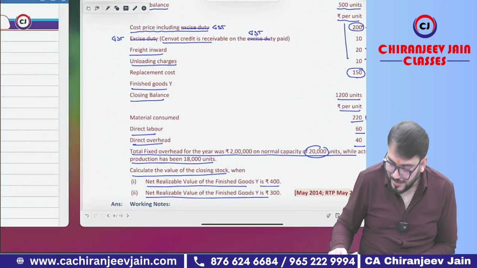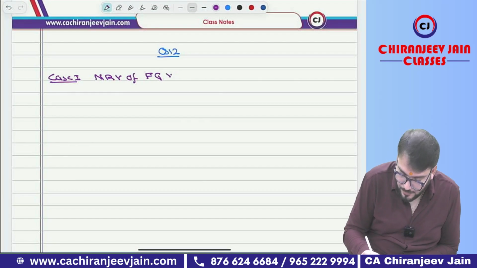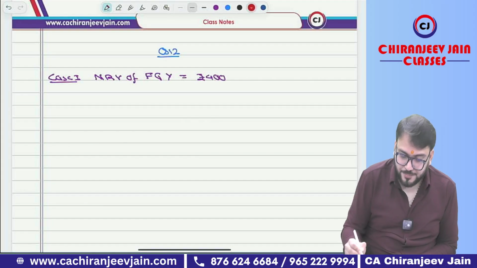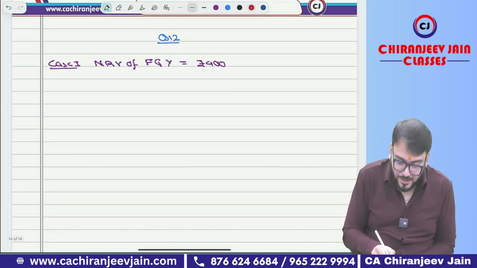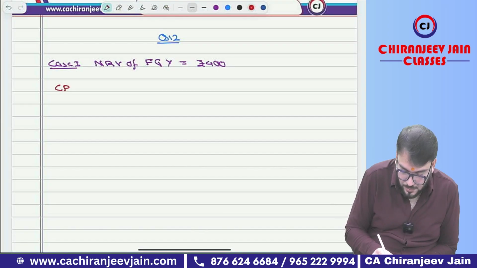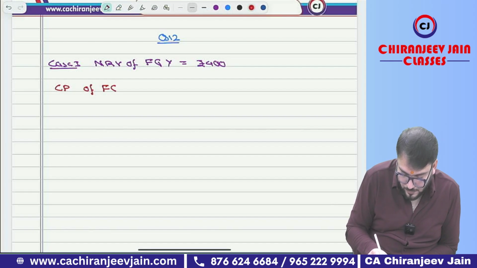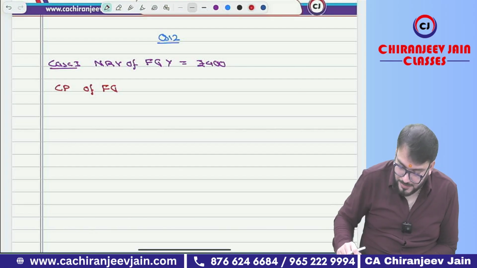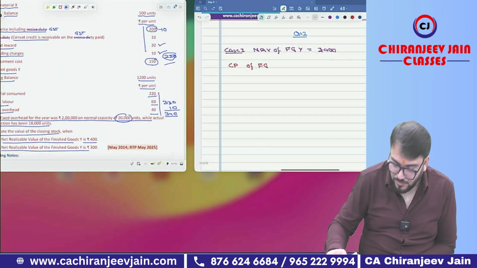NRB of finished goods Y is 400. Correct. So what is the cost price of finished goods? That we already calculated. How much did we calculate? 340.